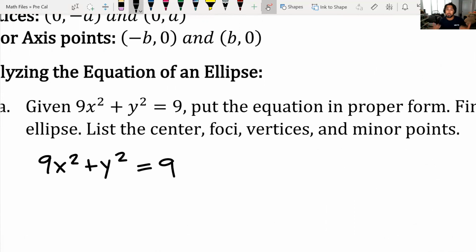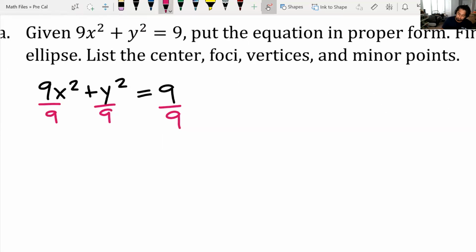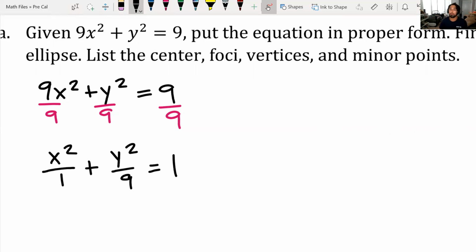And right now it's not in proper form. So in order to put it in proper form, we will just divide by 9. And this will give us x squared over 1 plus y squared over 9 equal to 1.